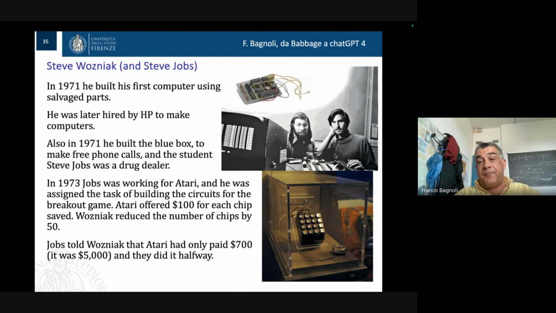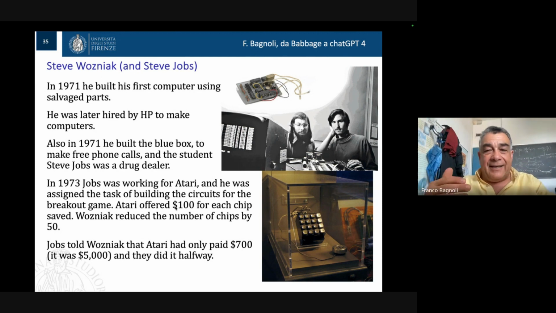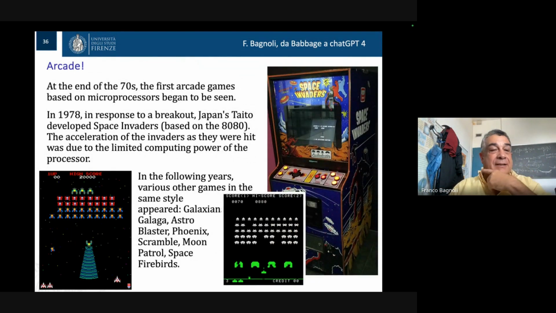So Jobs passed this work to Wozniak, who was able to save 50 chips. But Jobs told Wozniak that Atari only paid $700 instead of $5,000, and so they shared this. So this already revealed how Jobs was able to carry cash in his own pocket.